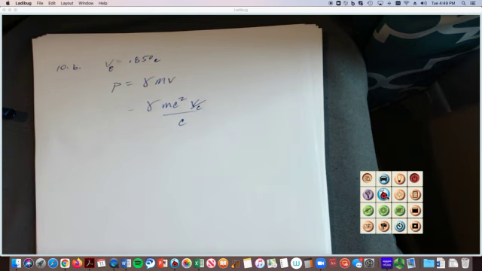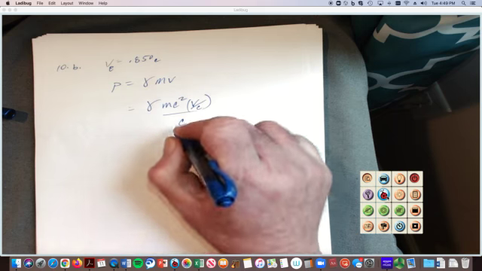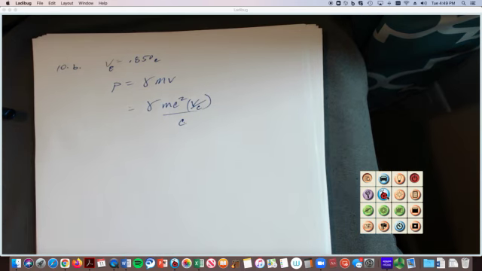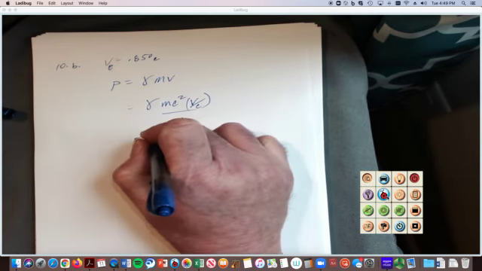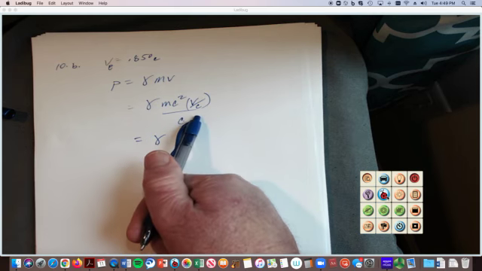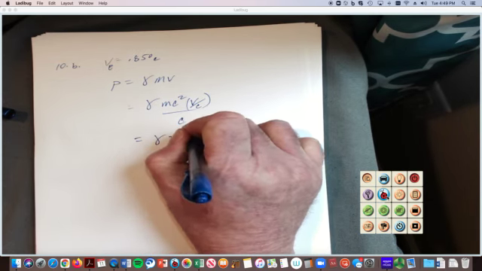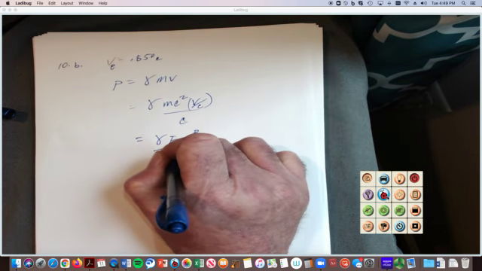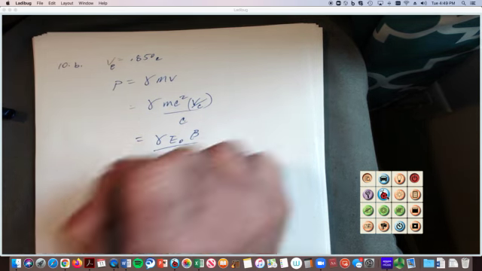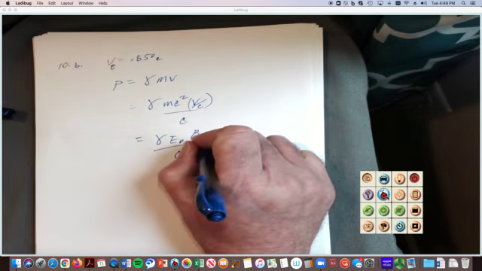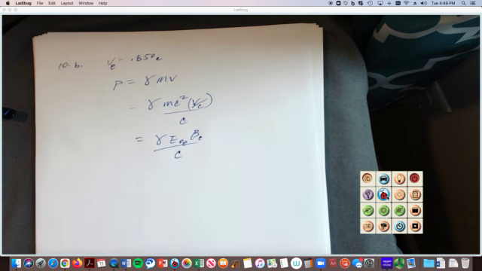Like that. So it makes this v over c. And what that gives us is, notice what we're doing, we wind up with the rest energy, E naught, times beta over c. That's beta of the electron, and this is the gamma.